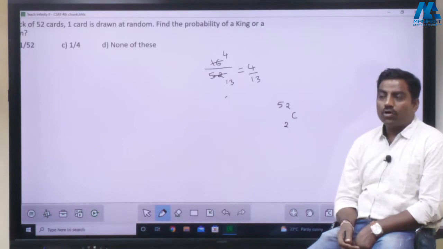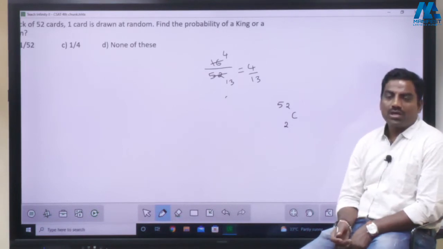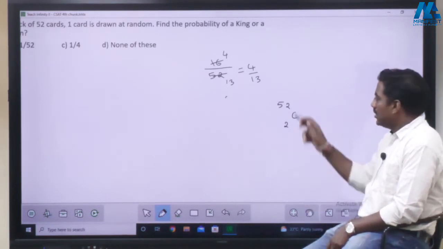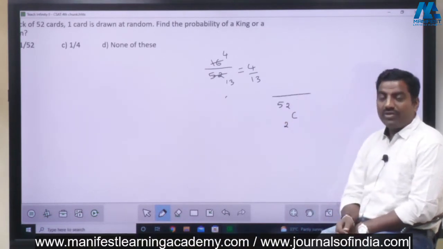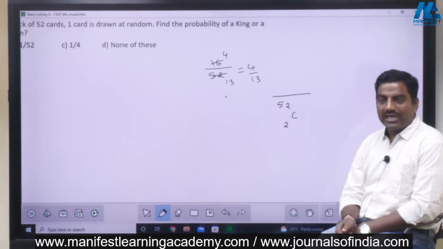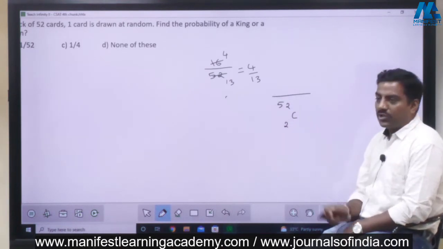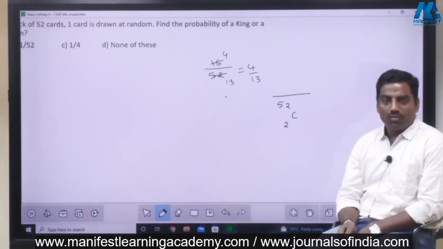And you have to draw both of them as kings. These are all possible events. When you draw 2 cards out of 52 cards, these are the number of events possible. That is 52 C2. Yes or no?